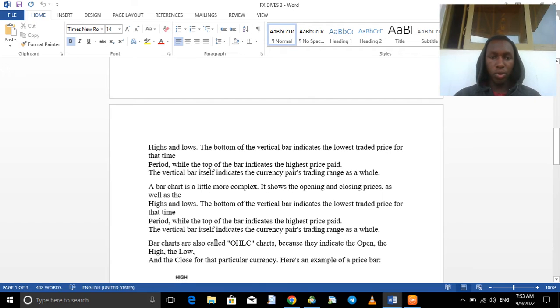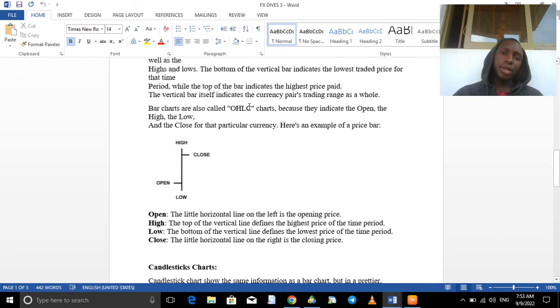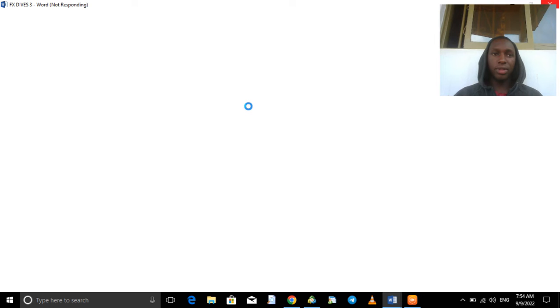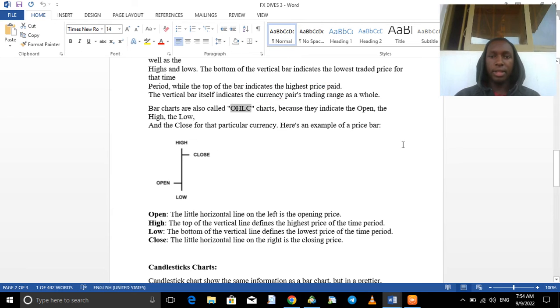Bar charts are also called OHLC charts because they indicate the open and high plus the low of the market. So now, if you come along this abbreviation, this is the opening, this is the highest, this is the lowest, and this is the closing price of the chart. So it's just an abbreviation of this particular term, which is a bar chart.